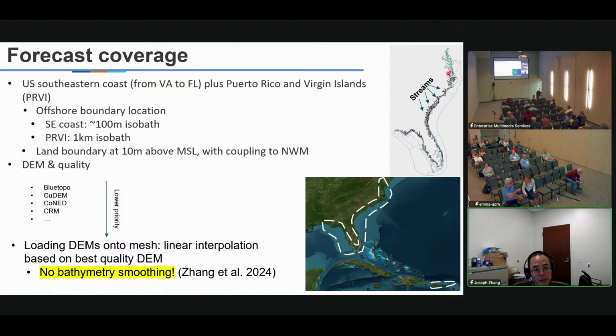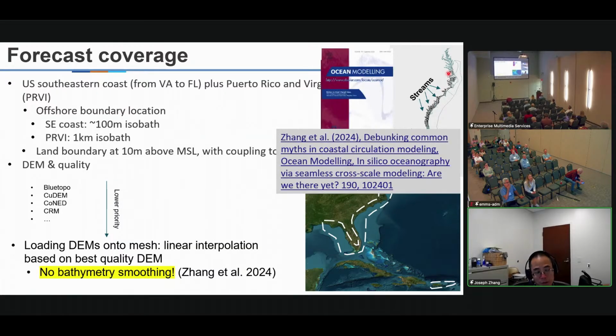This is something I keep emphasizing. I think more and more users are starting to realize this is actually a big deal. Recently, the Ocean Modelling journal has a collection of SCHISM-related papers. Last year I published this paper.